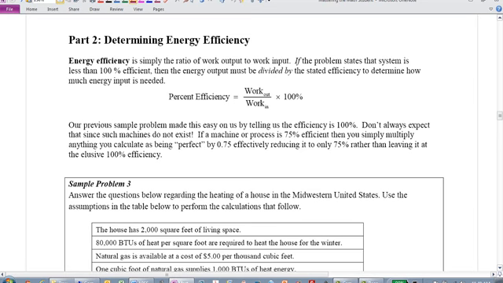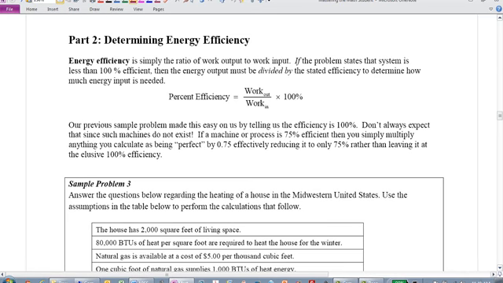All right, so energy efficiency is simply that ratio of work output to work input. If the problem says that a system is less than 100% efficient, then the energy output has to be divided by the efficiency to determine how much energy input is needed. So our previous example made this really easy on us because they told us it was 100% efficient. But don't always expect that because, like I just said, such machines do not exist.